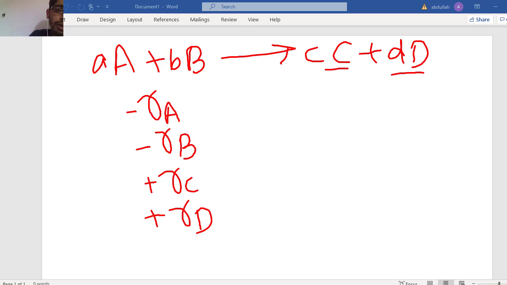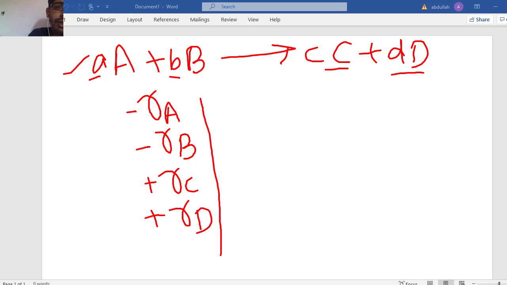Now, what will be the relative rates of reactant A, reactant B, product C and product D? This reaction shows that a moles of A will react with b moles of B, and c moles of C and d moles of D will be produced. So, when a moles of A are reacted, then b moles of B will also be reacted.